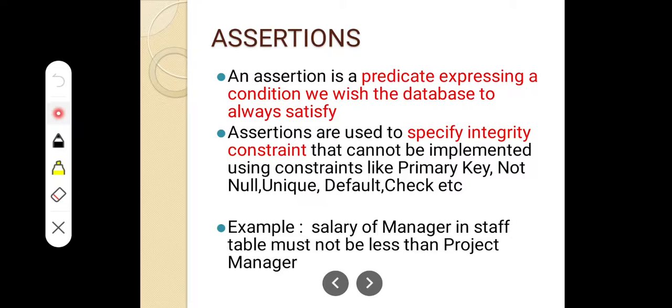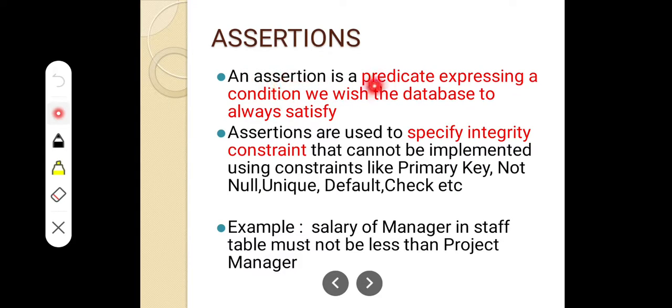So an assertion carries certain conditions, and the database must satisfy that condition. If it is not satisfying that condition, the assertion will be violated. Clear? So let us see the description.